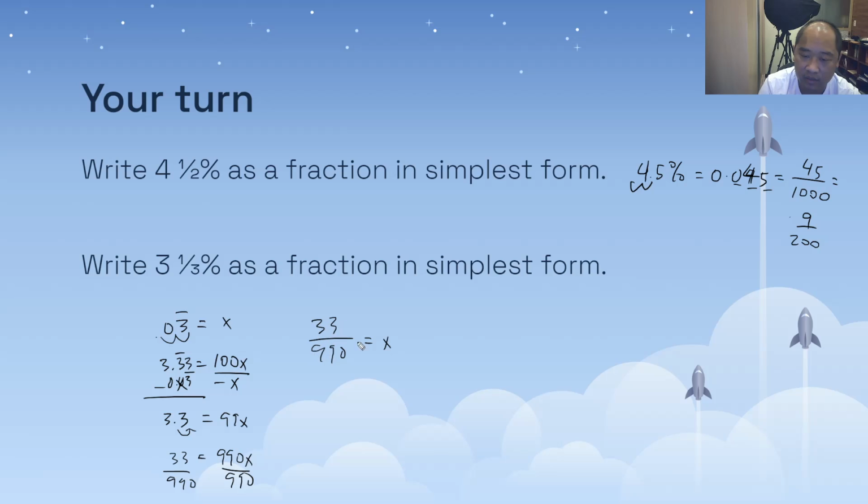And then divide both the top and the bottom by 33. And that gives you 1 over 110. Is that right? I'm doubting myself here. 990 divided by 33? Oh, it's 30. What's wrong with me? Over 30 equals x. 1 over 30.